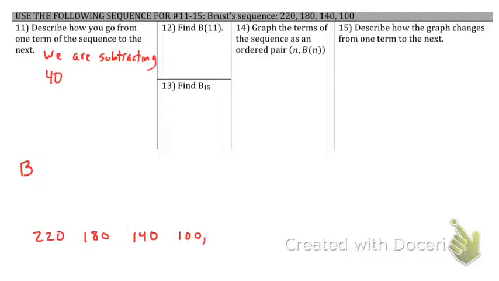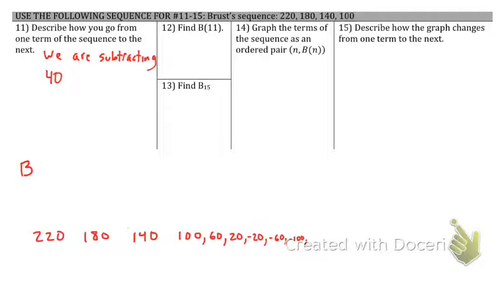So 100 minus 40, 60. 60 minus 40, 20. 20 minus 40, negative 20. Negative 20 minus 40, negative 60. Negative 60 minus 40, negative 100.